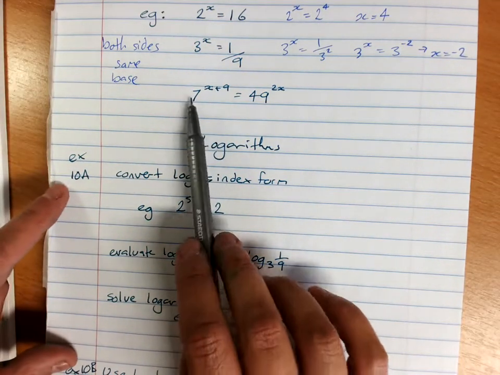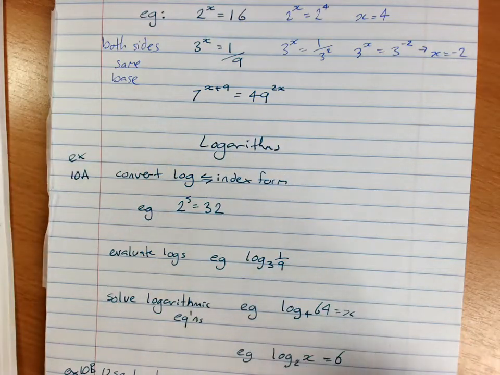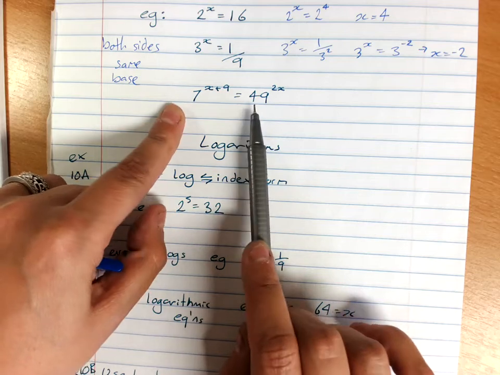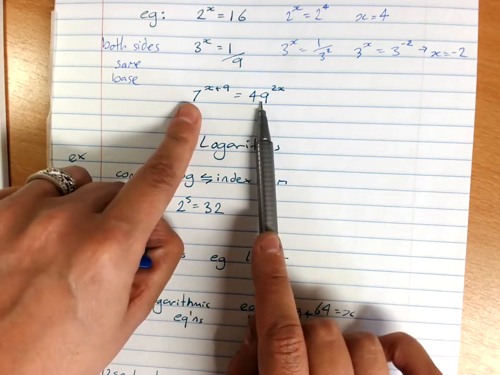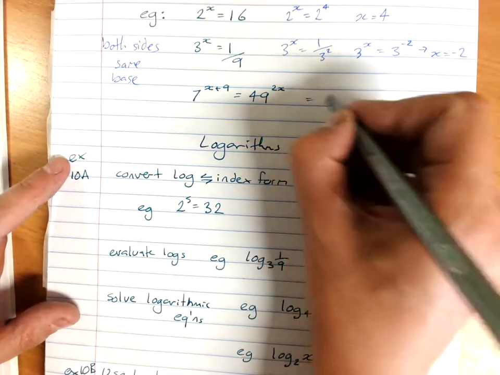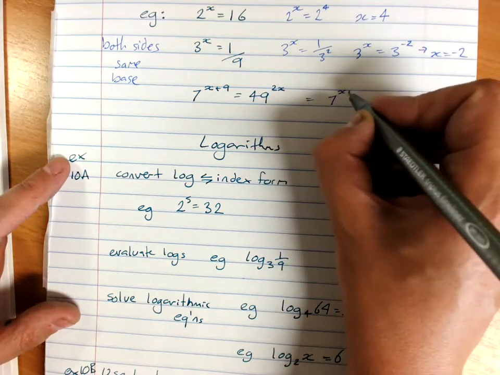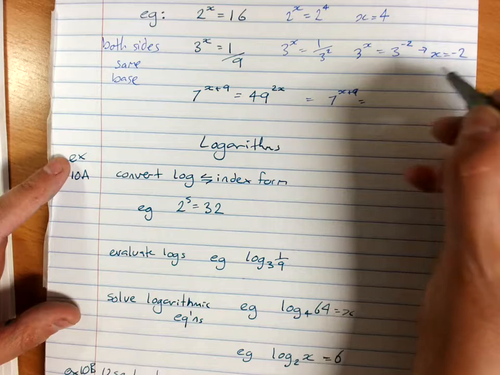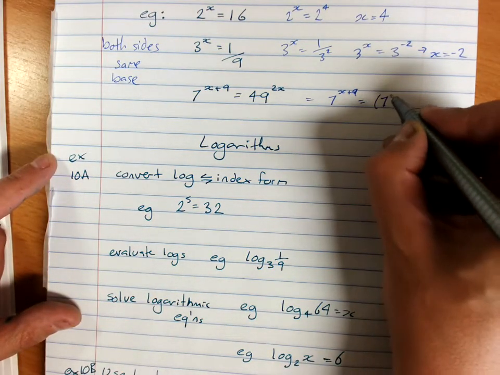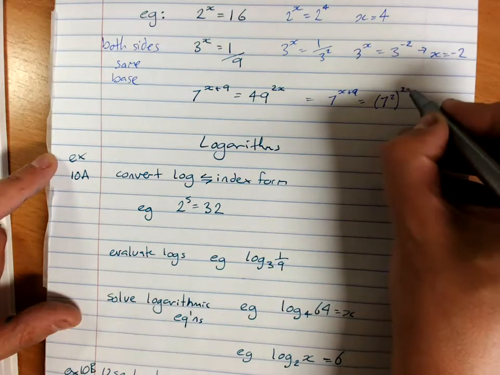And then they can get a bit trickier, and I've combined two tricky aspects here. You're going to need to rewrite 49 as a base of 7, and you've got more terms in here. So 7 to the x plus 9 equals, use your index laws, that's 7 squared to the 2x.